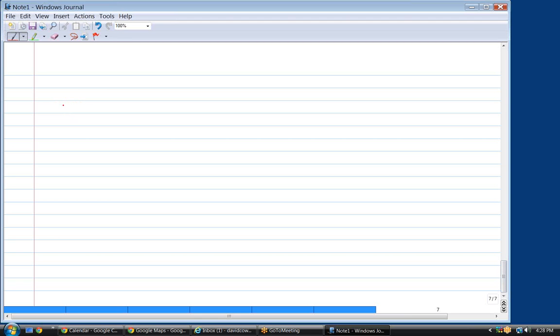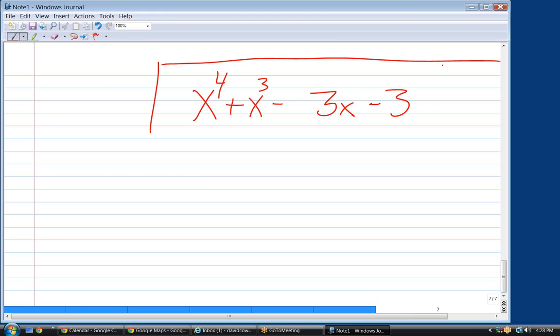So x to the 4th plus x cubed minus 3x minus 3, divided by x plus 1. Now notice what's missing in the polynomial: x squared. Okay, well let's add it. Let's add a 0x squared.